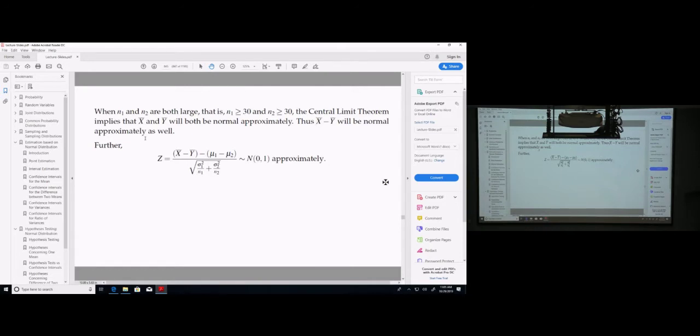If they are not independent, it is still normal, except that the covariance will come out in the variance, so we'll probably not talk about this in this module. Basically what I'm trying to emphasize is that linear combinations of normal distributions are still normal. I only have two here in this case.